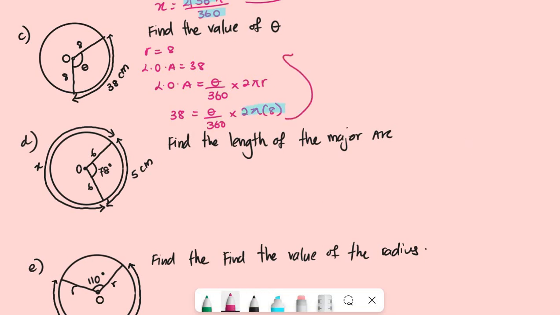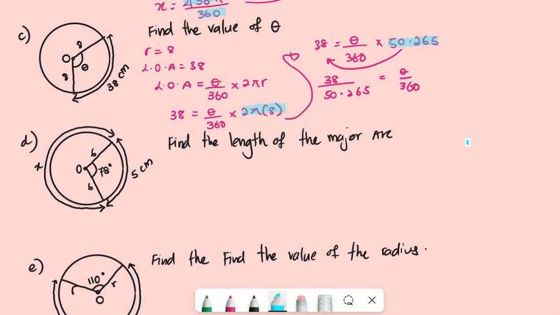Once I do that, I will get 38 equals theta divided by 360 times 2 times pi times 8, which is 50.265. Then I will bring this to the other side. So here I get 38 divided by 50.265 equals theta over 360. Then I'm rearranging this to make theta the subject.